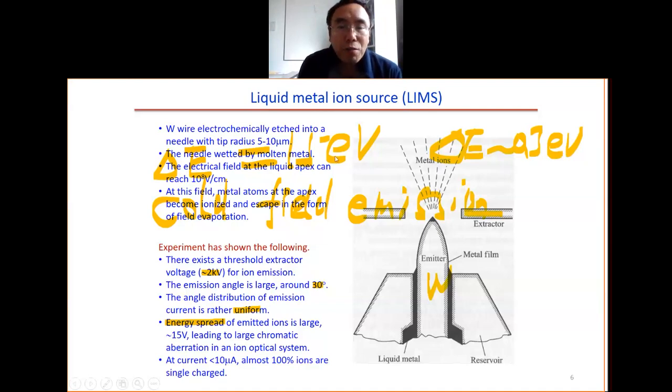But here we get 15 electron volts. What will be the effects of this very large energy spread? As we know from earlier, we have aberrations. One of them is chromatic aberration, which is proportional to delta E. As a result, it is more difficult to focus the ion beam because of this chromatic aberration.